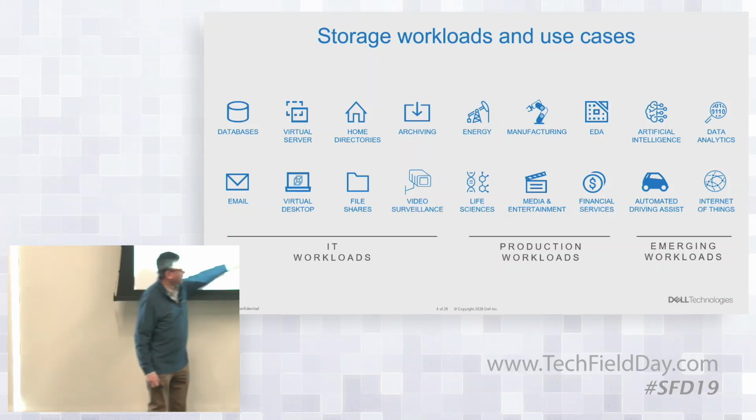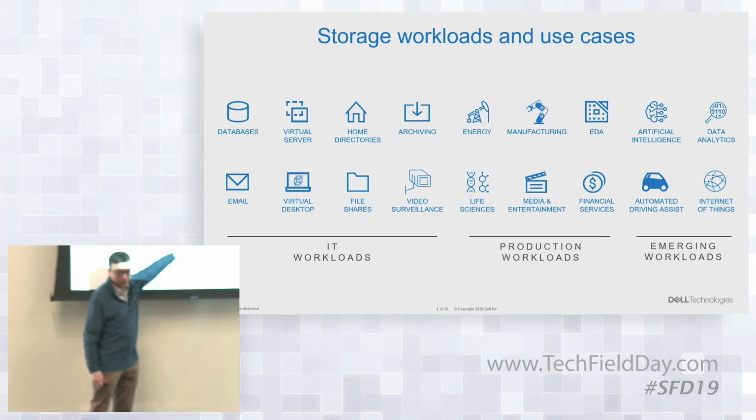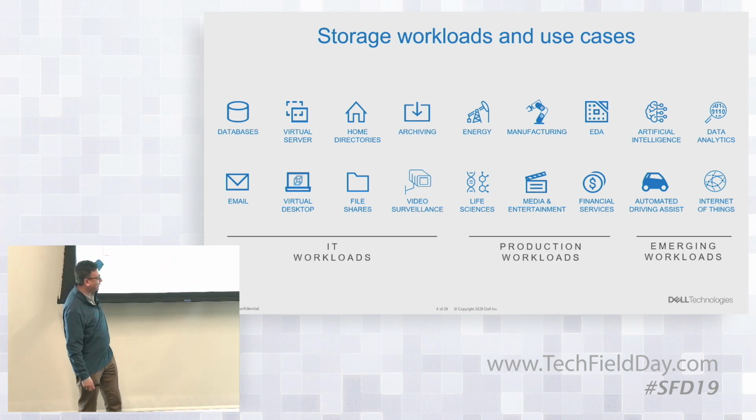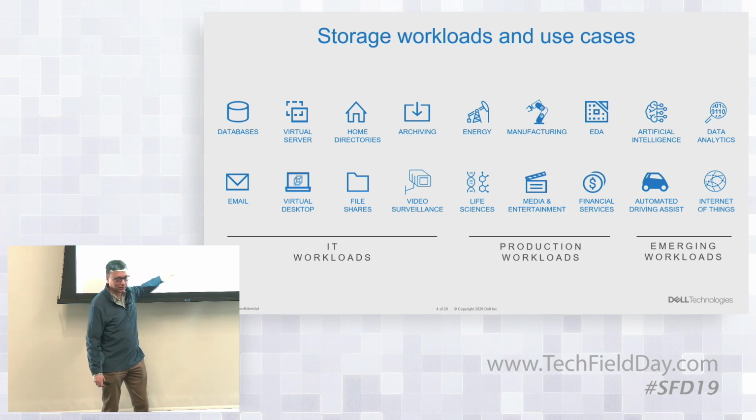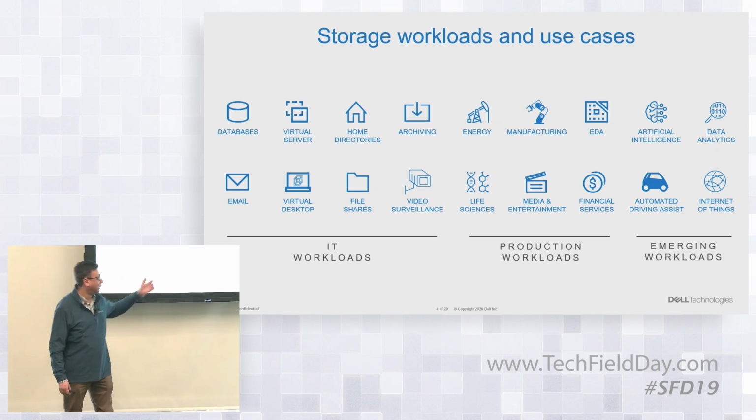So you have the production workloads, and you can see a whole bunch of verticals out there. You have the IT workloads, which just span across these verticals. And then we have some emerging workloads, such as automated driving assist nowadays, AI, ML, and so on. So basically, we're broadly classifying it into these three buckets.